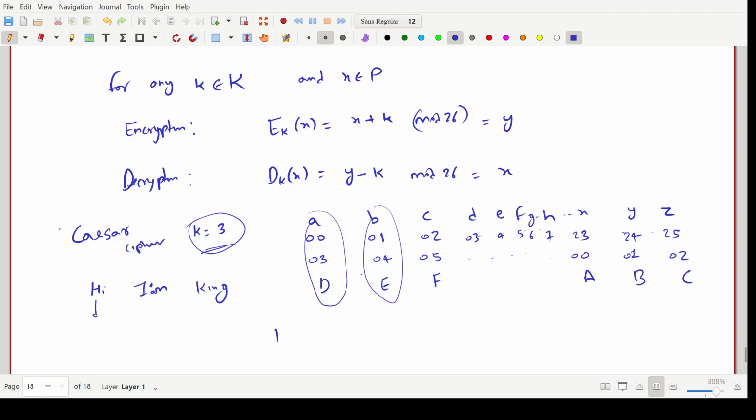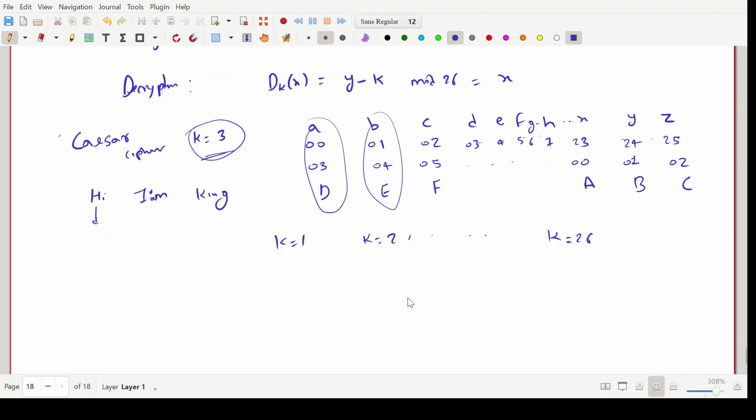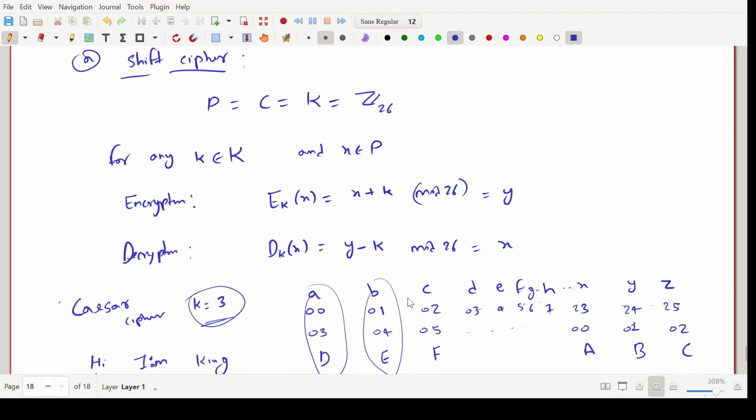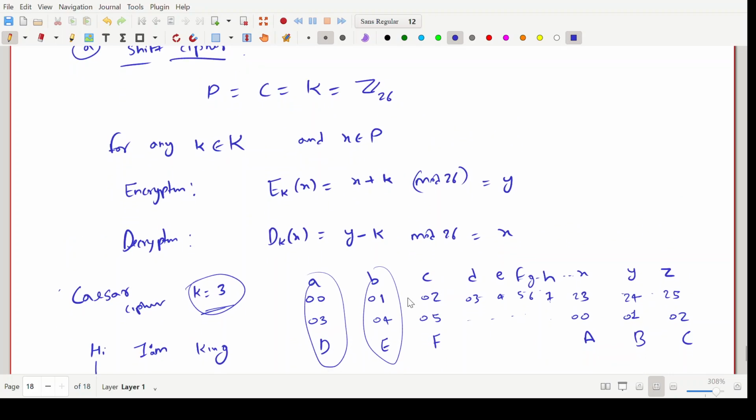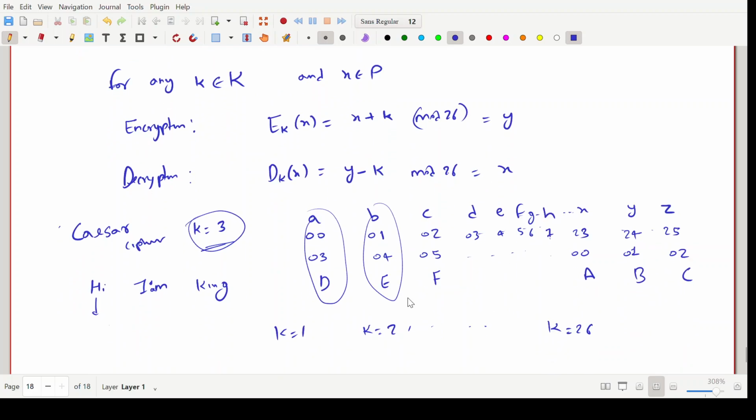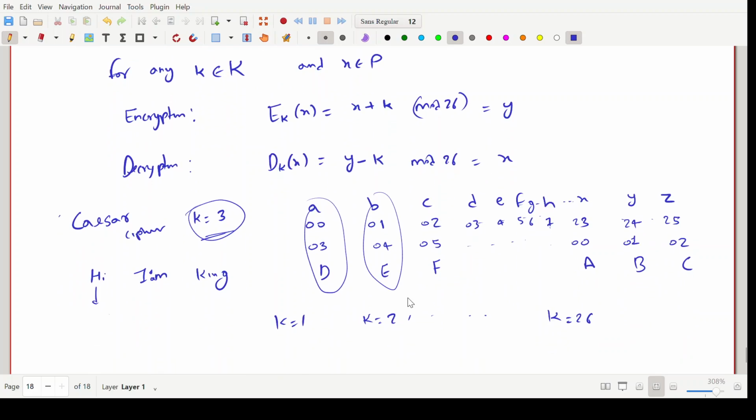He'll start with k equal to 1 and check whether he is getting any meaningful message or not. He will do k equal to 2 and so on, up to k equal to 26, and that is easy for him. So this is not secure, but this was the oldest cipher which we have.